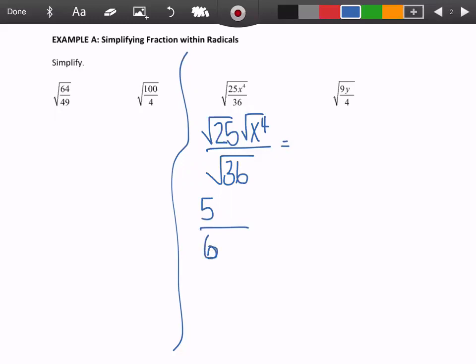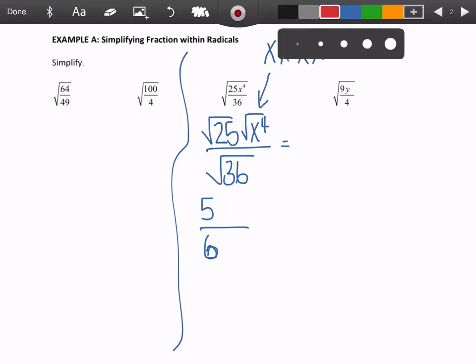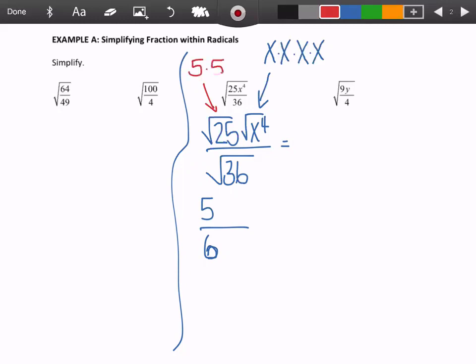Now the square root of x to the 4th, that's a little bit different because it is a variable. So we're going to write out x to the 4th in expanded form. And remember that x to the 4th really means x times itself 4 times. And if we relate this back to 25, remember that the square root of 25 can be rewritten as 5 times 5.